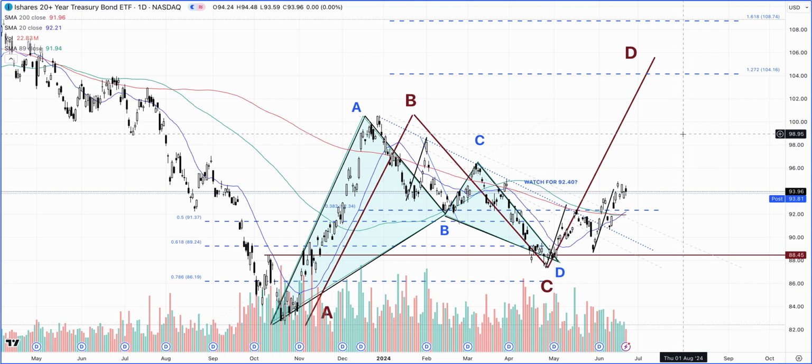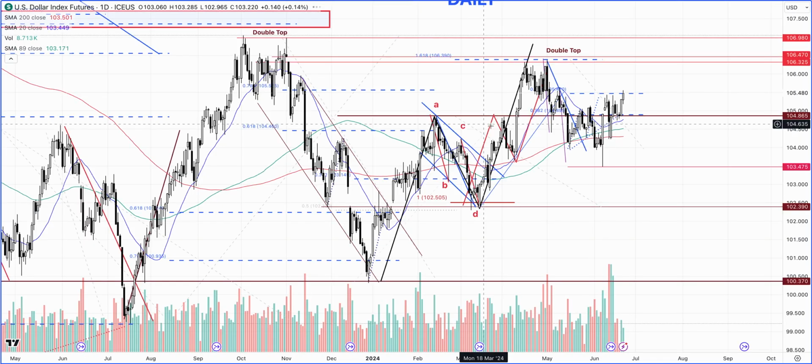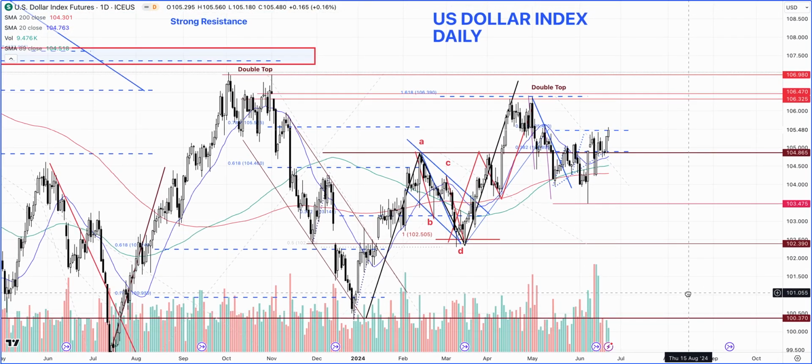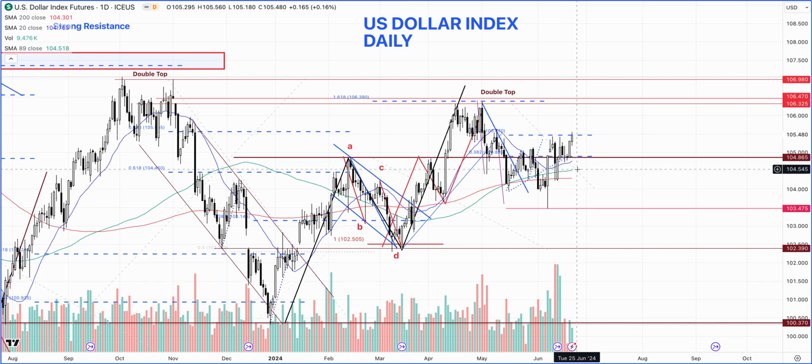Okay, and just the last part of it, we'll have a very quick look at the dollar as well, because I want to cover this more in our weekly analysis. We can see that the dollar is actually pretty firm. The chances are that the 107 level that we were watching as a potential high, because of the double top here, might actually get challenged.